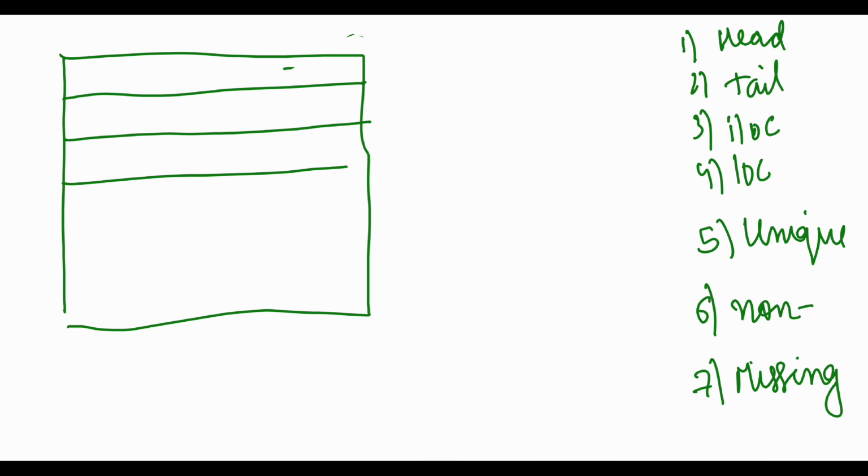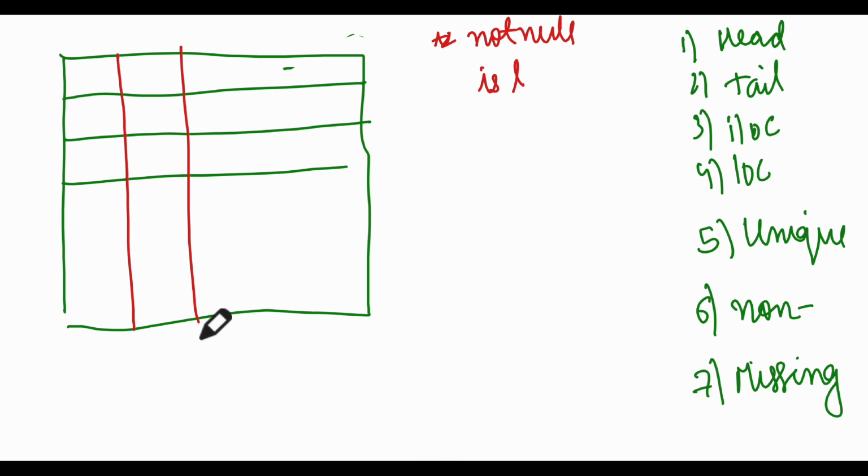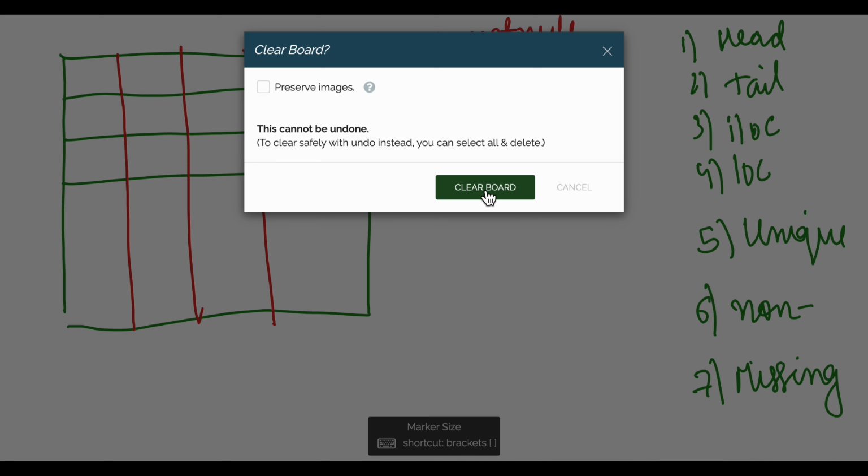There were two methods in the past: we saw notnull, and there is another method called isnull. They check cell by cell in each row. I'm sorry, I just want to make it visually better. So let's say this is my data.